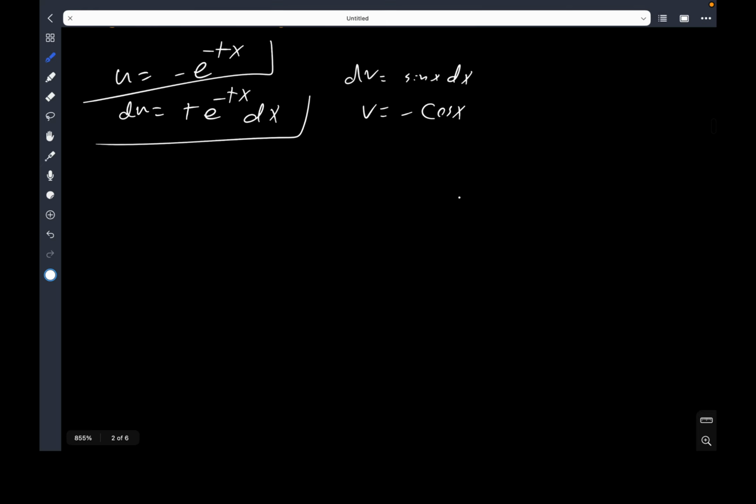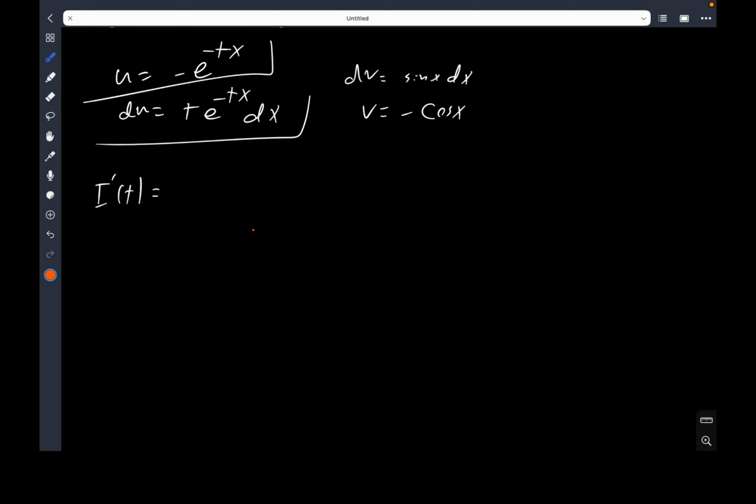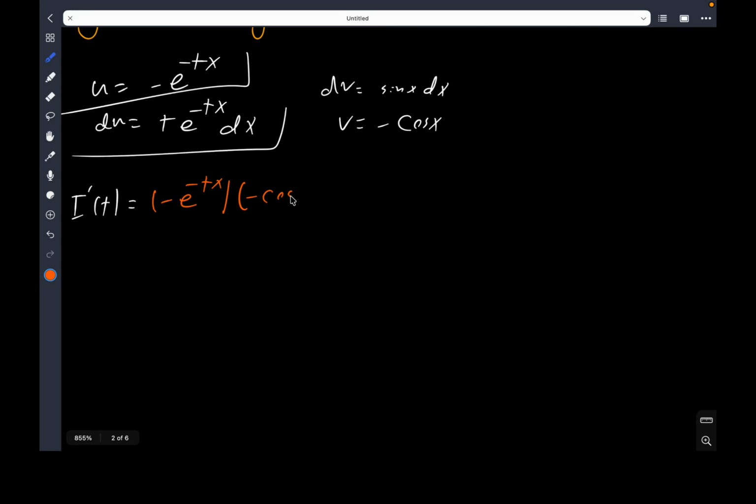So I prime of t is negative e to the negative tx times negative cosine x, evaluated from 0 to infinity, the limit, so the u and v.